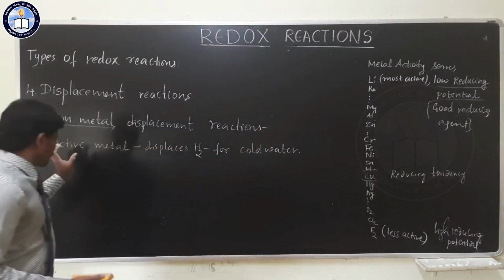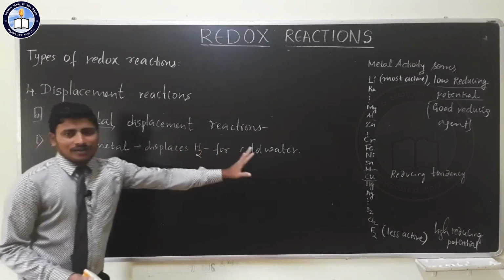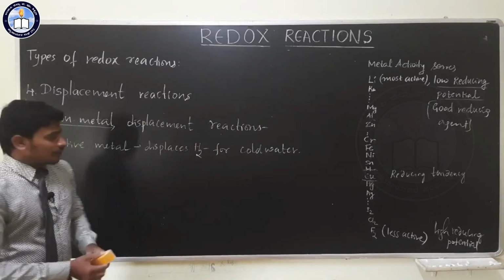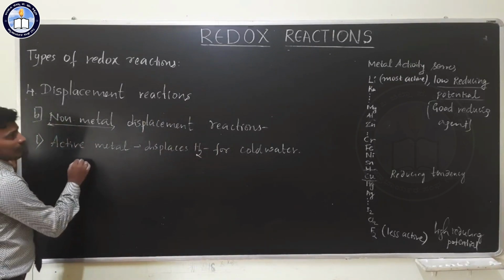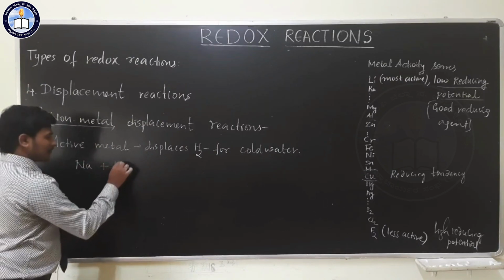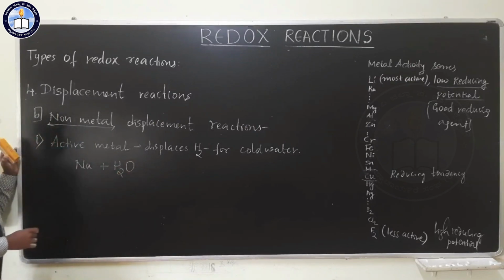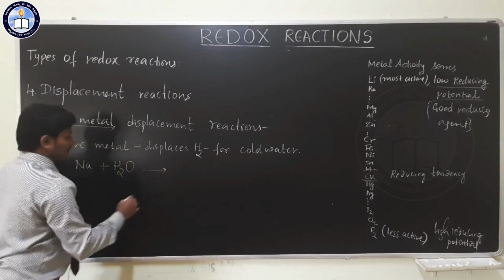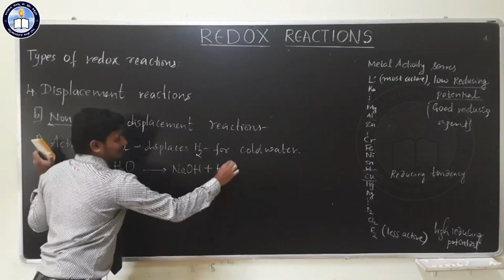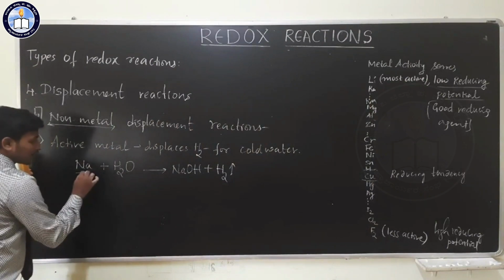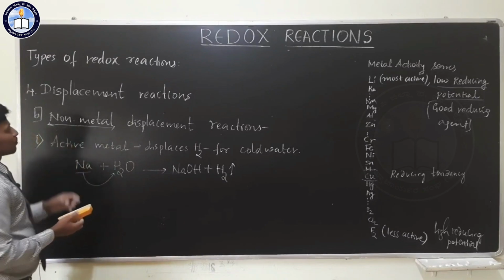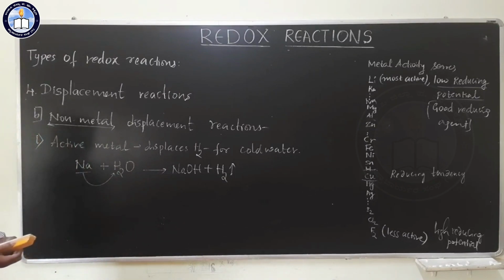Whenever we add an active metal to cold water, it immediately displaces hydrogen. For example, sodium plus water is giving rise to sodium hydroxide plus hydrogen gas. Sodium displaces hydrogen, so it's known to be a non-metal displacement reaction.